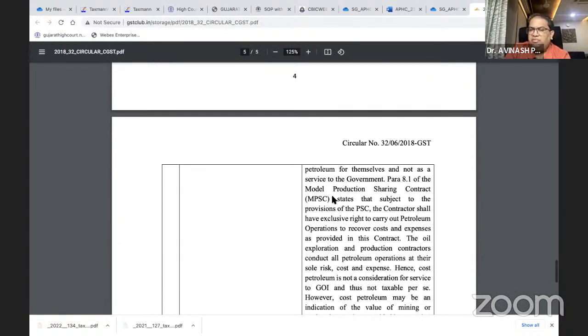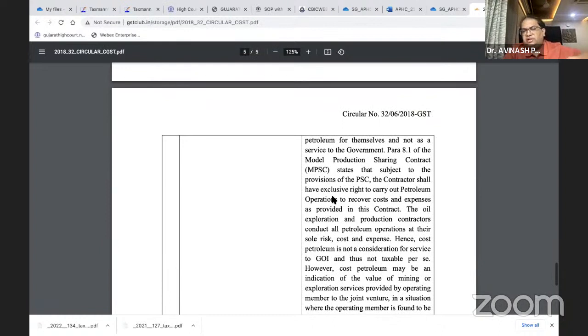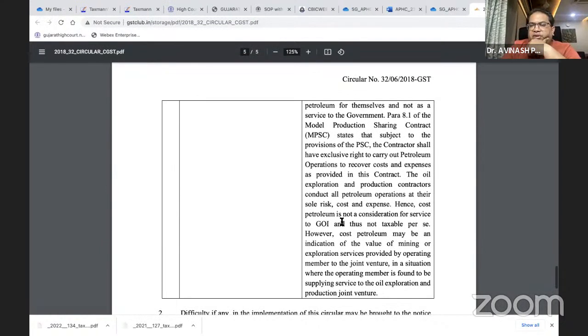Para 8.1 of the model production sharing contract states that subject to the provisions of the contract, the contractor shall have exclusive right to carry out petroleum operations to recover costs and expenses as provided in this contract. The oil exploration and production contractors conduct all petroleum operations at their sole risk, cost, and expense.